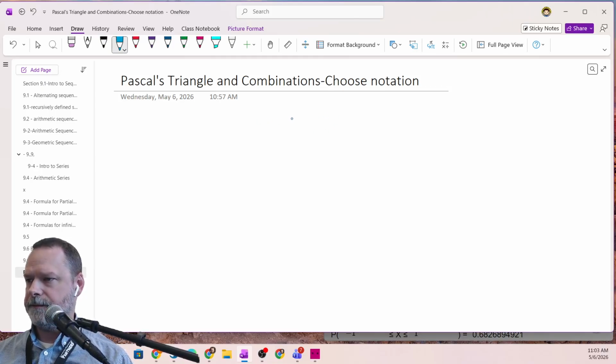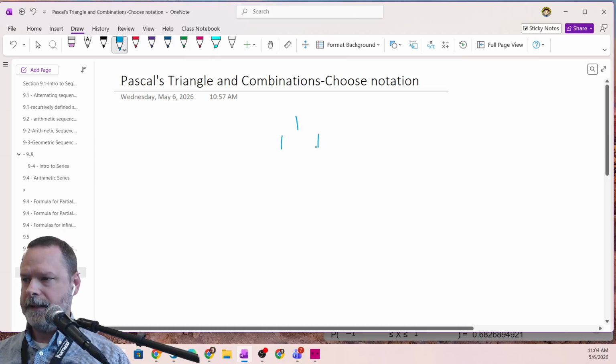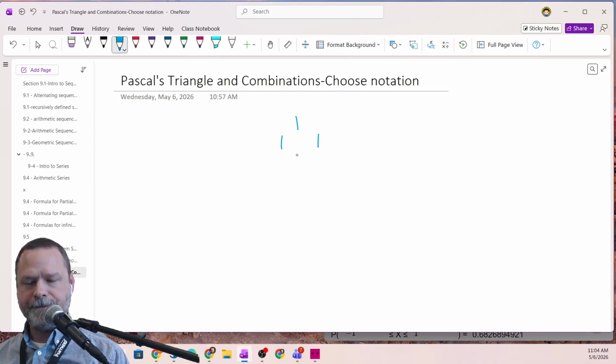And then the second time we go another 1 and a 1. And then the third row is going to be, again, 1's on the edge. We always got 1's on the edge. But to get the one in between here, below and between these two, we're going to say that's a 2. So in other words, these two add up to get this term.